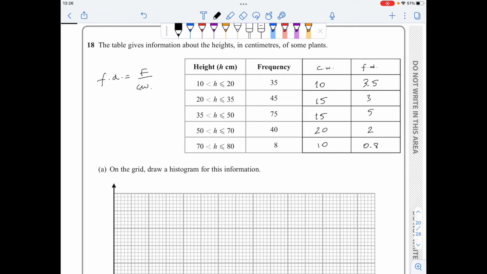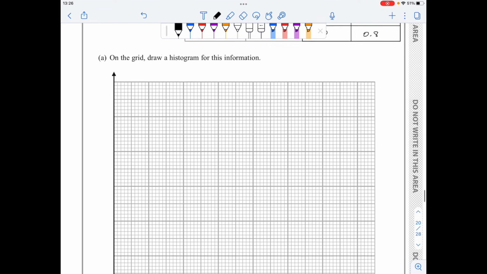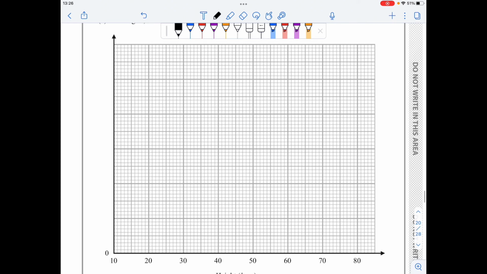Now frequency density will be the height of each bar. So if I go to my histogram, I will label as 1, 2, 3, 4, 5, 6. The first bar goes from 10 to 20, has a height of 3.5. Second one goes from 20 to 35 with a height of 3.